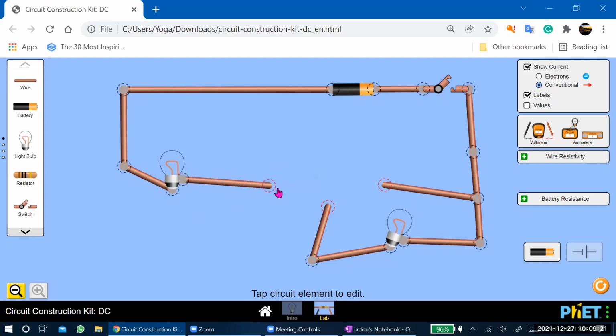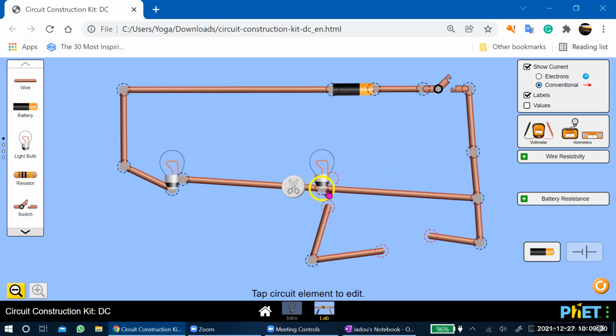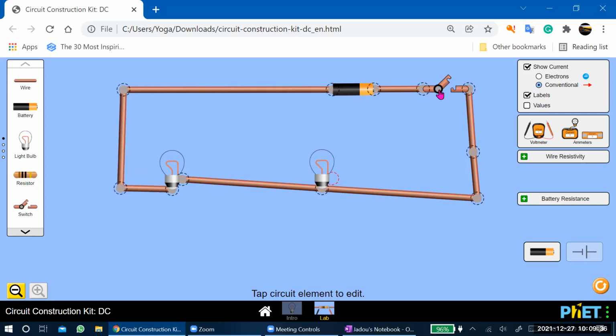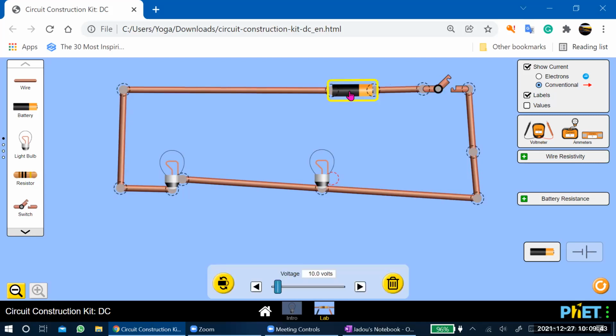We'll take just 2 lamps for the moment. If we close the circuit, what are your expectations concerning the voltage and the current right now? The battery is 10 volts.